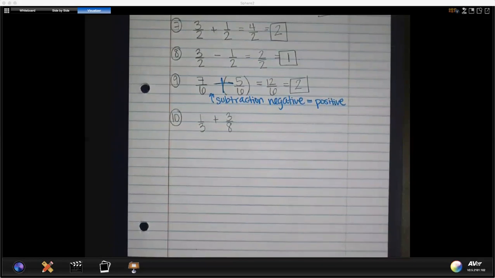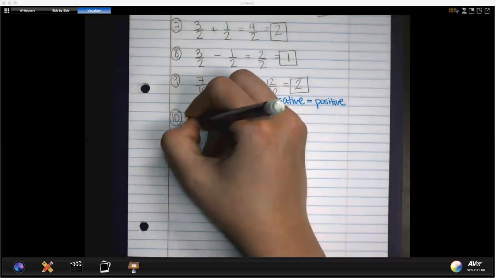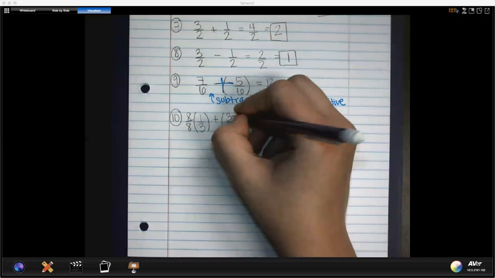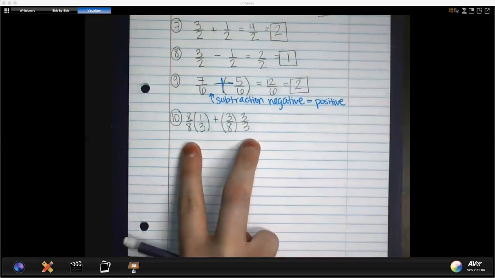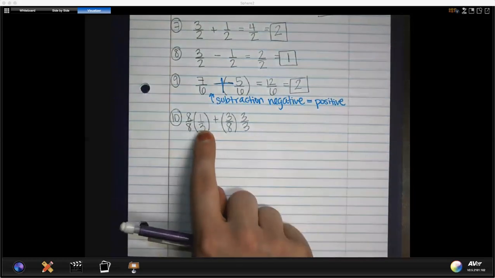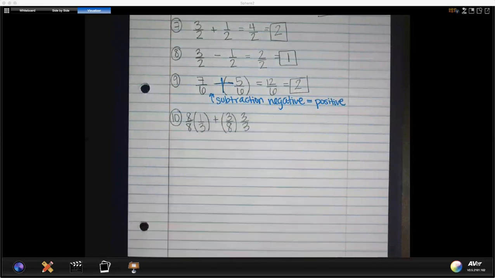What is my common denominator between 3 and 8? 24. So that means we're going to multiply the first fraction by 8/8. We're going to multiply the second fraction by 3/3. Your goal is to multiply by the number to get you to the common denominator. So if my common denominator is 24, I have to multiply by 8. The opposite would be multiplying by 3.